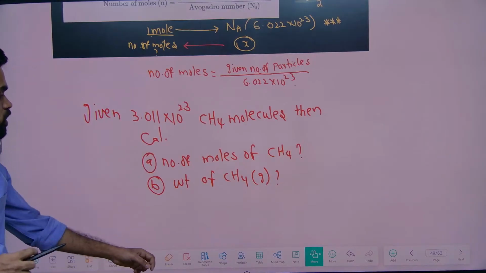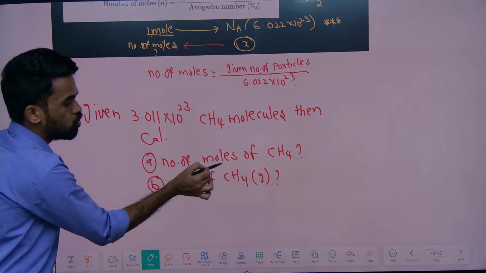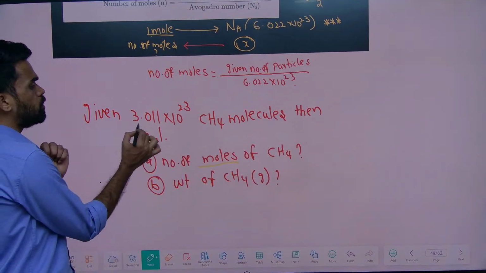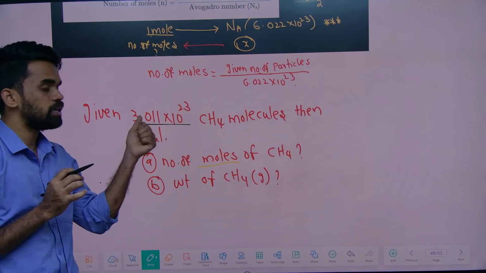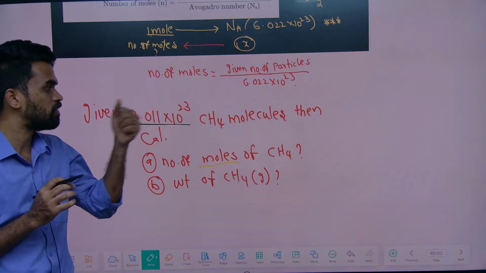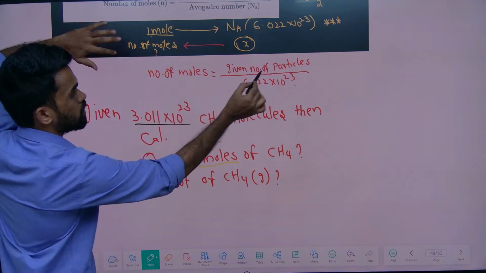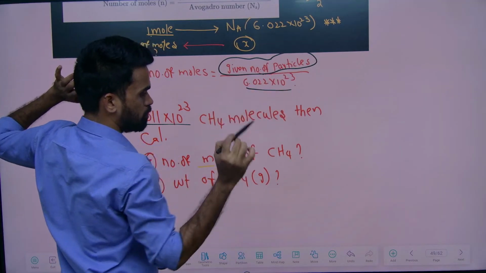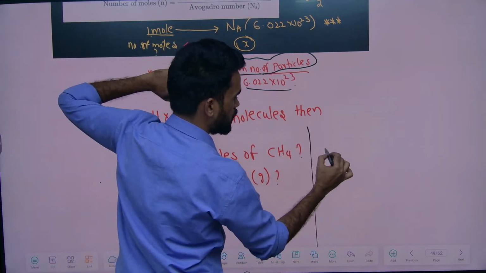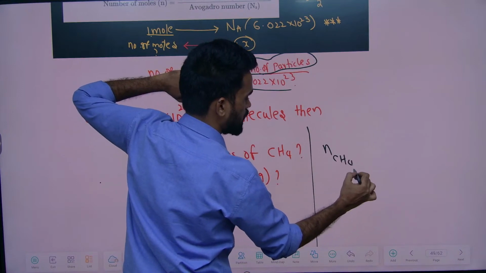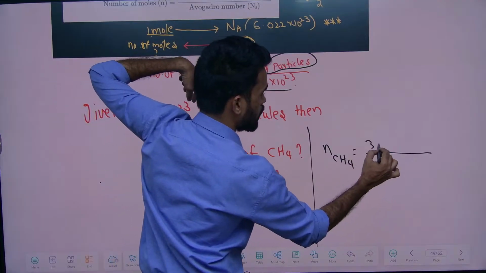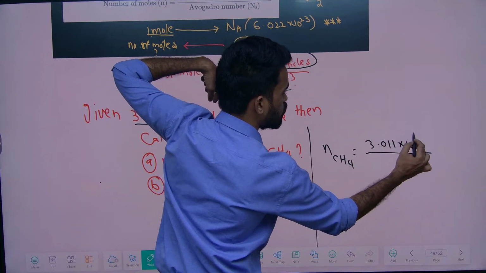What you are going to do: first you calculate moles from the given data. See how much quantity they gave, 3.011 into 10 power 23. When they give particle numbers, divide that particle number with Avogadro number. The number of methane molecules provided is 3.011 into 10 power 23.